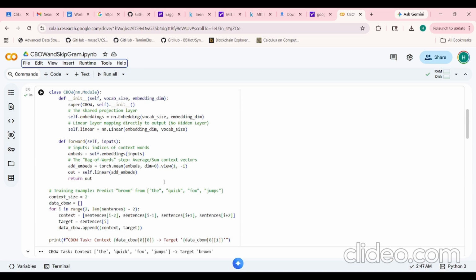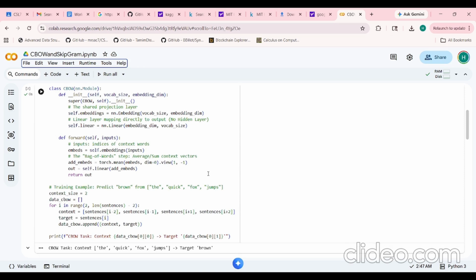In our code, the forward function performs the bag of words step by calling torch.mean on the embeddings with dimension equal to 0. This mathematical averaging confirms why the order of words doesn't matter in this model. The vectors are simply averaged into a single representative context vector. This reduces the complexity Q significantly, allowing the model to scale to billions of words mentioned in the research.